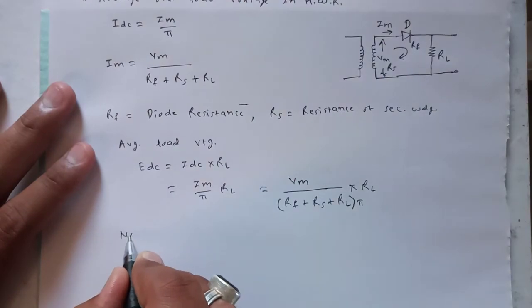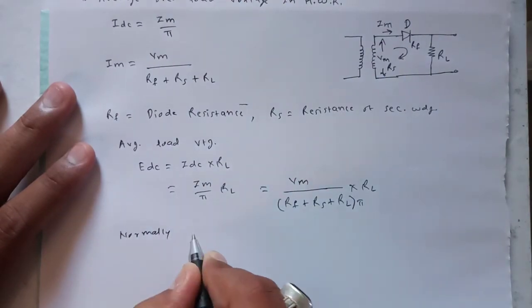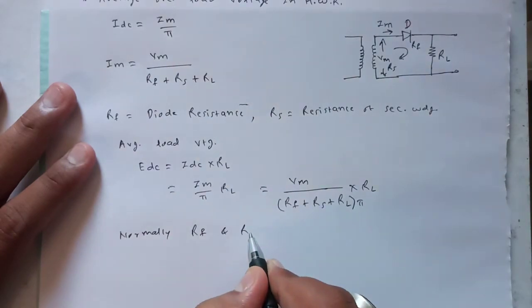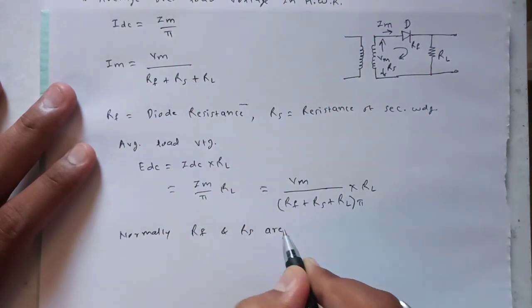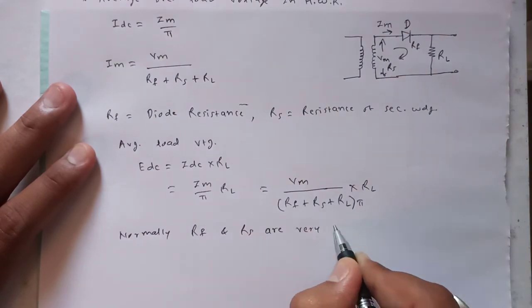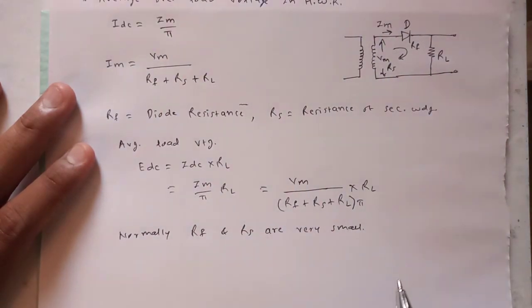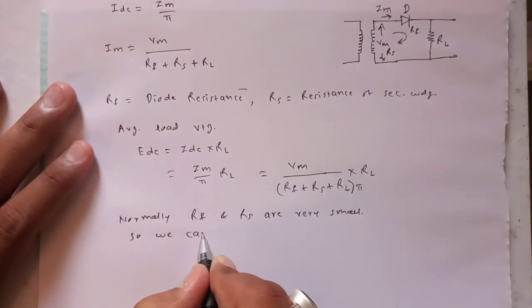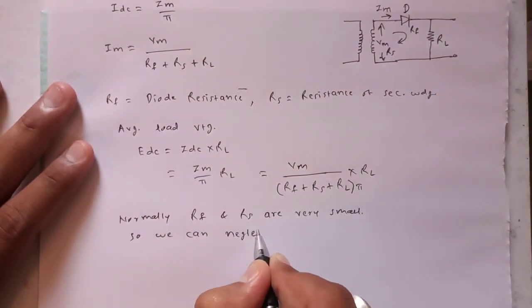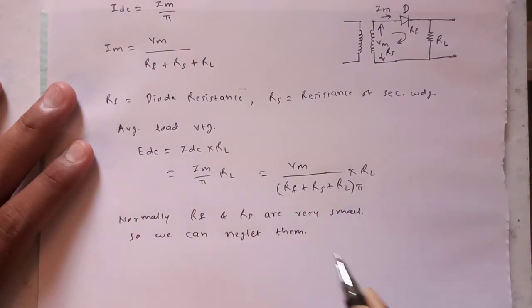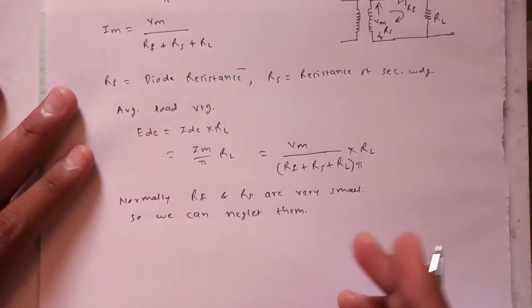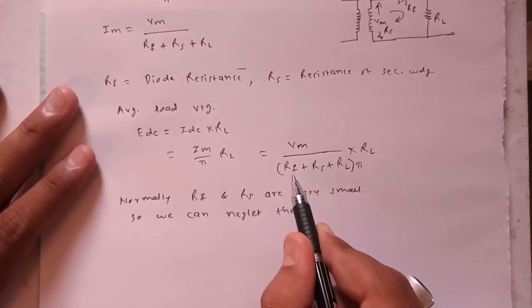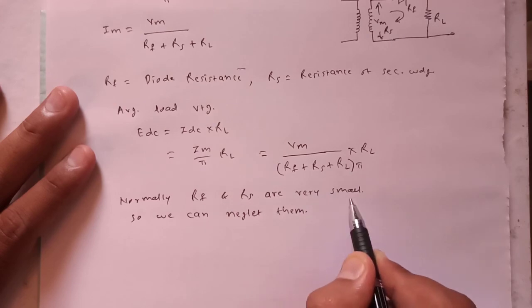So normally Rf is very small and Rs also is very small, and that's why we can neglect them. So if we neglect these two terms, then we are remaining with only RL. We are neglecting Rf and Rs because they are very small.